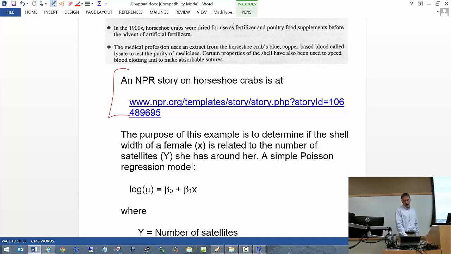People in the medical area will get these horseshoe crabs and put them in some devices, this kind of sounds bad, and they'll bleed them to get their blood. And I guess at least at the moment there's not necessarily any artificial way to reproduce the exact same stuff that's in their blood that these medical people want.